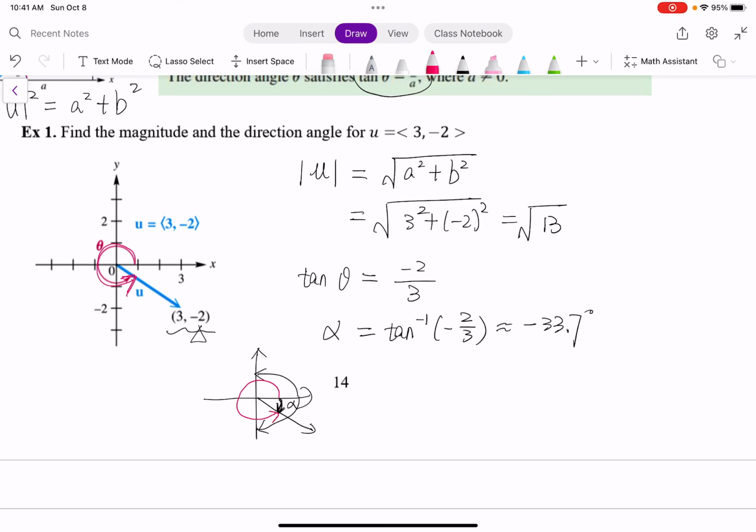So alpha and theta are coterminal angles. They have the same initial side and the same terminal side. That means I can add or subtract one full rotation to find the coterminal angle. So alpha is -33.7, and theta is alpha plus 360.